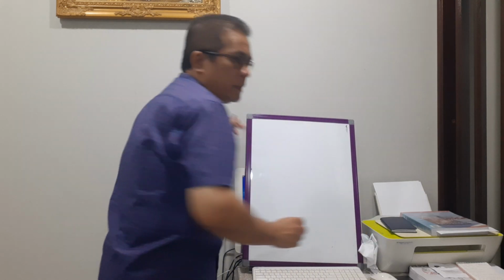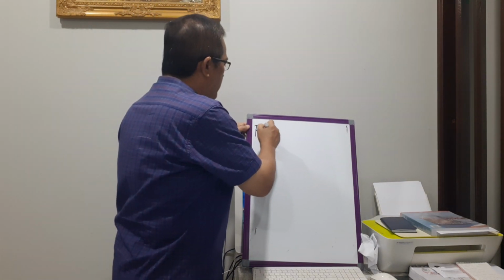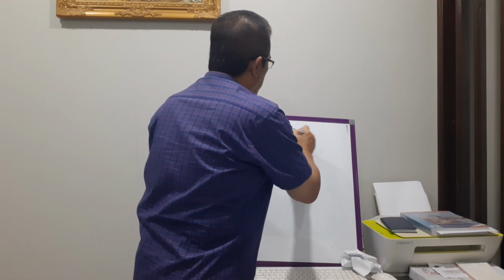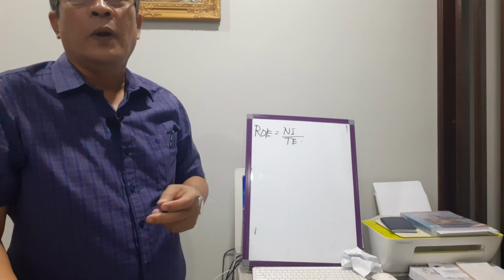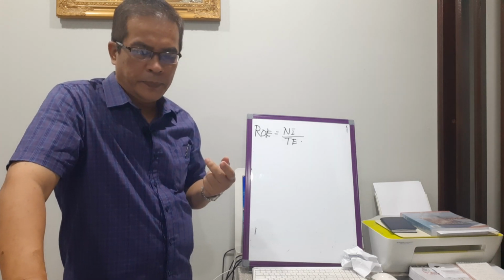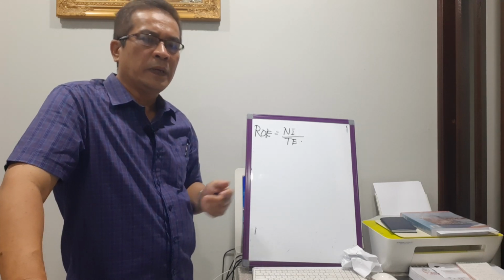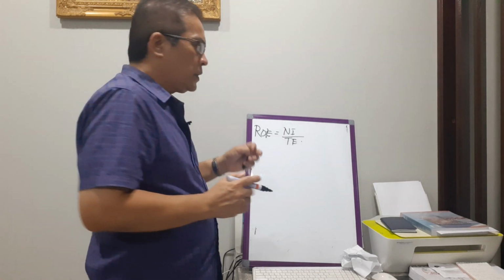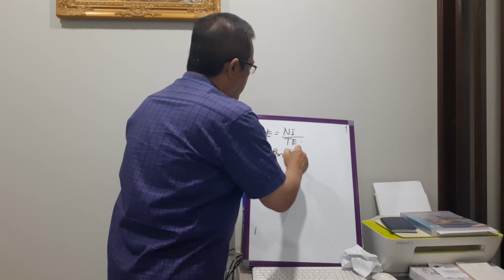As we all know, the formula for return on equity is net income divided by total equity, or net income over common equity. However, there is another way of stating return on equity by using a technique called the Du Pont technique.